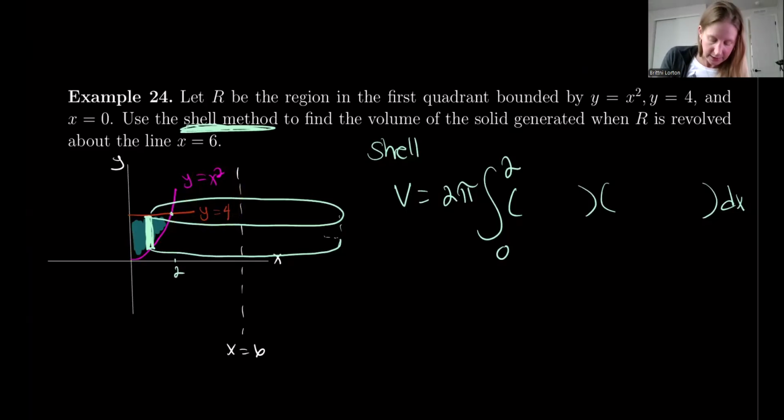Okay, and now I need the radius. Now the radius is, again, from the center to the edge. My edge, when I was doing that vertical sliver, was x. And so from the center to the edge, you do bigger minus smaller. So in this case, that really is 6 minus x. And then the height, you literally see the height right here, but it looks like it touches the y equals 4 and it touches the parabola.